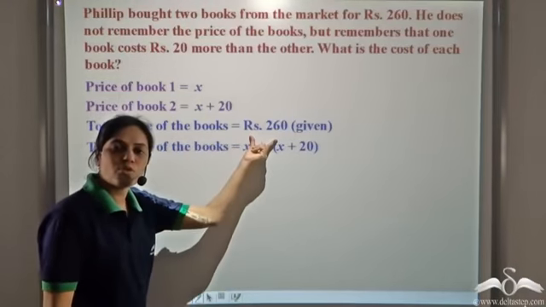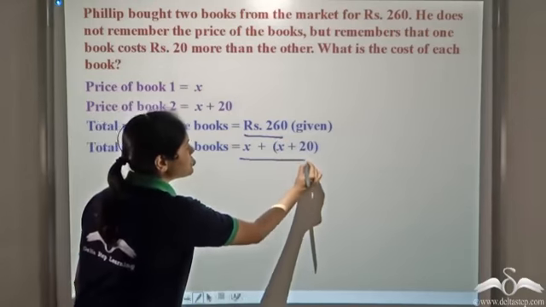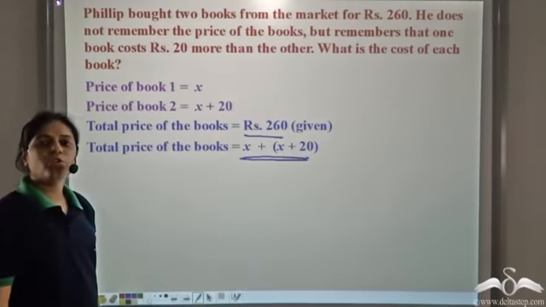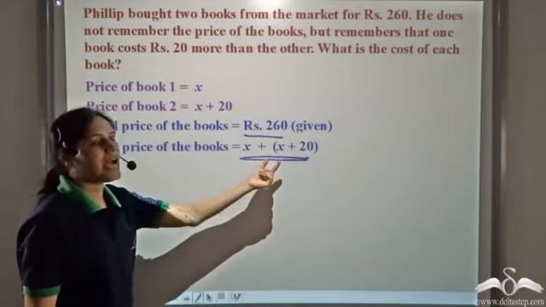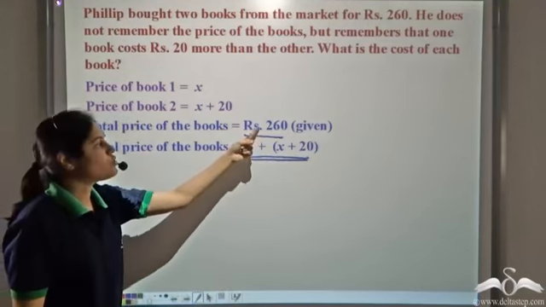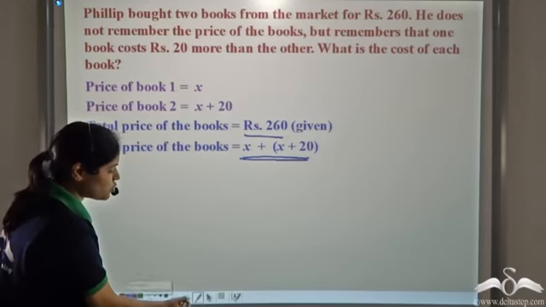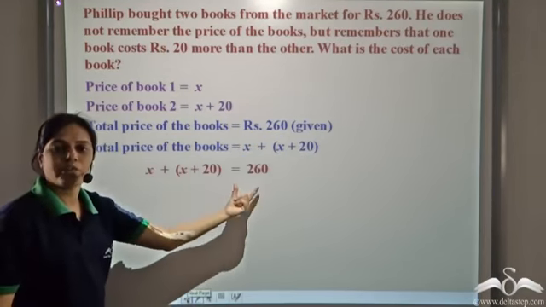Even this represents the total price of the books. This is a constant and this is our assumed value of the books, x and x plus 20. So the next step is to equate these two and form an equation.